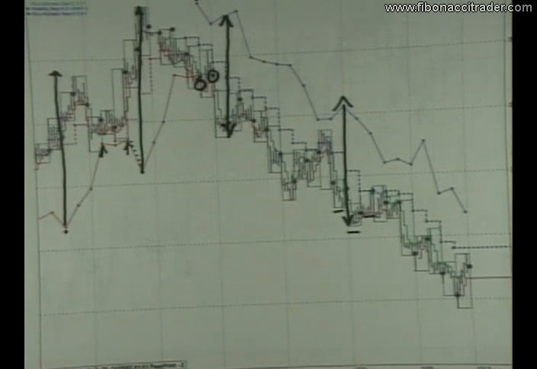But this is not something that I'm saying you must watch, this is important. All I'm saying is prove the tool out to yourself. If you like it and it has meaning for you, then you will see that if you're below this line, it's more advantageous to sell than to buy. That's all I'm saying.